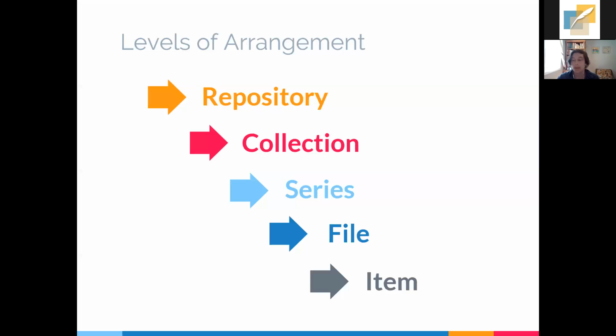So again, as I mentioned, right, arrangement and description are linked together and they reflect one another. So this is just a brief reminder of what we mean when we talk about archival arrangement. It involves these levels which get successively more granular. A collection will likely be, you know, just the records of one creator, like we just talked about, right?